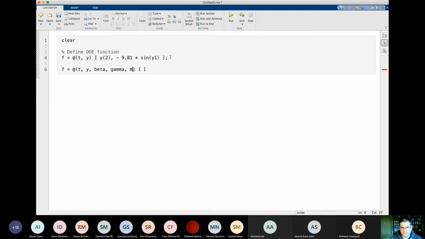So without showing you too much of the solution, your system would be a function of t and y, but you'd also have those parameters beta, gamma, mu, and you'd have N. So actually, if I bring in the coursework, I'll show you what I mean there.